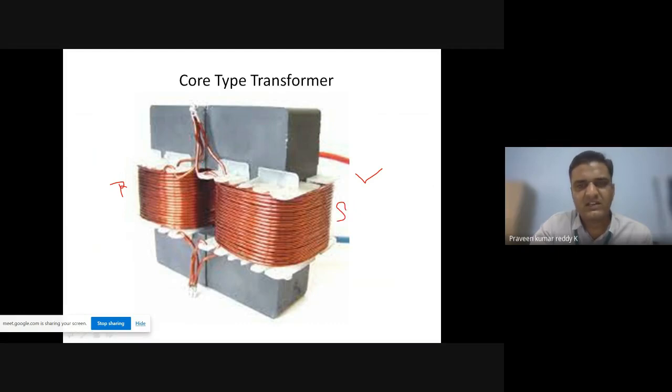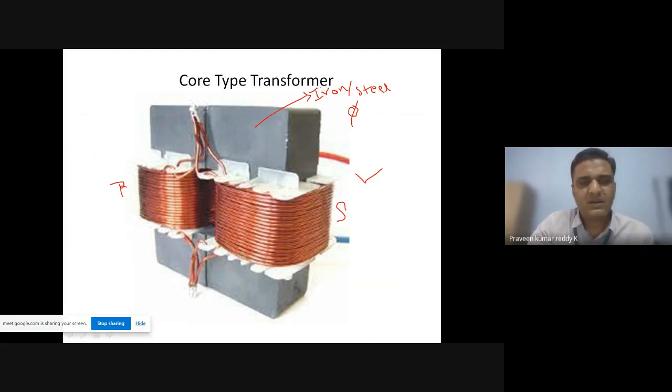These two windings are wound on a metal iron core or steel core. Okay, this iron or steel body is used to carry the flux in a smooth, structured way.